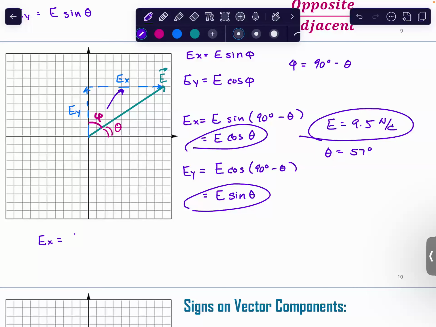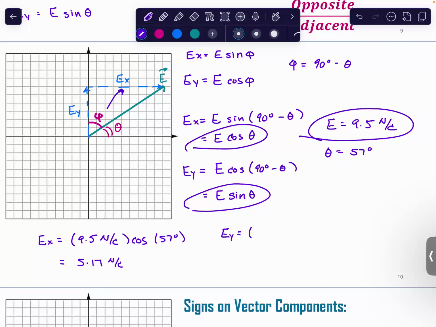So what you would do, 9.5 newtons per coulomb, cosine of 57 degrees, the number you should get, 5.17. And then the only part of this that has a unit is the electric field, so you just bring down the newtons per coulomb. And that would be the X component of this field.